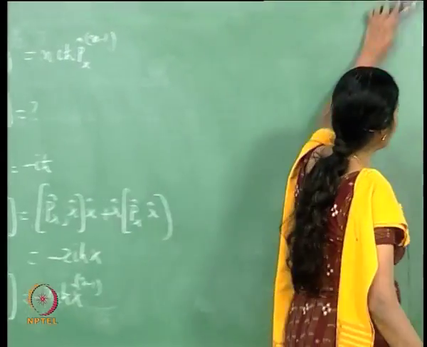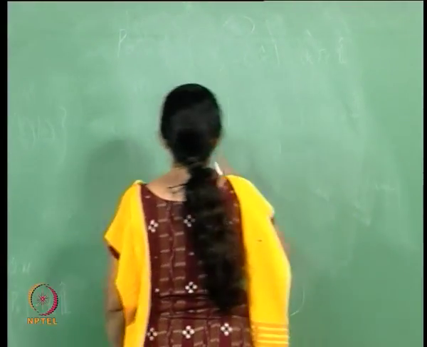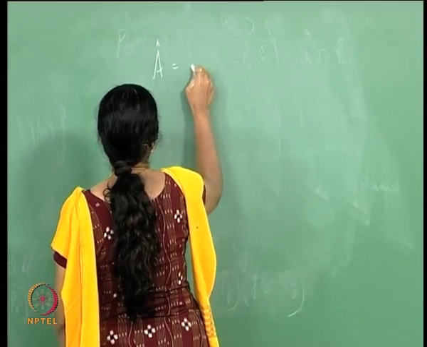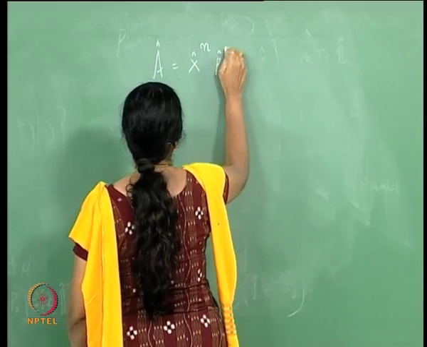Now suppose I consider an operator which is a function of x and p. Consider an operator A which, let us say, is x to the power of n, Px to the power of m.